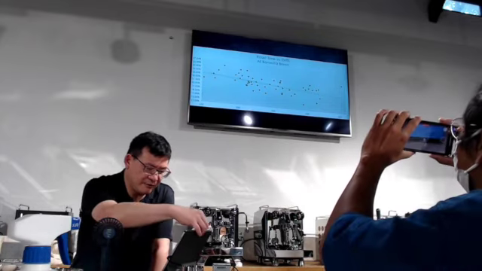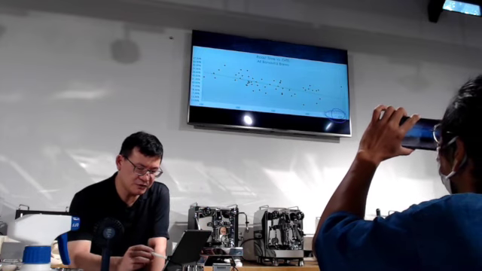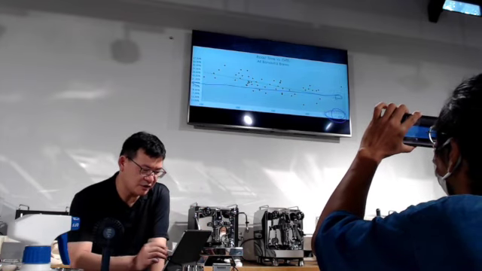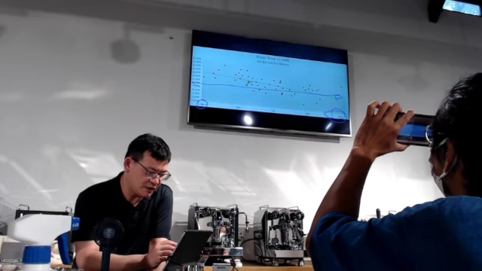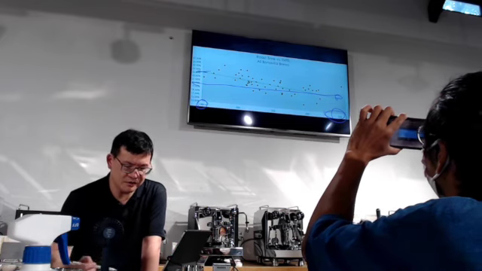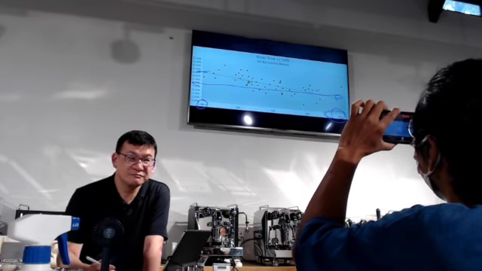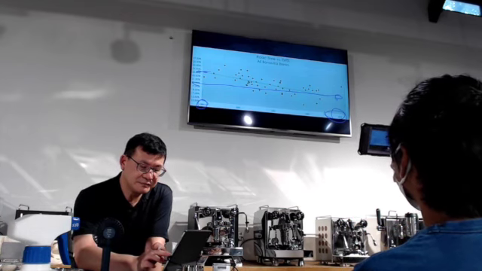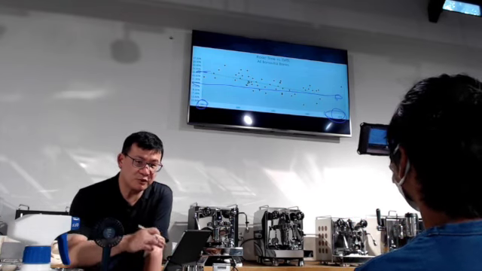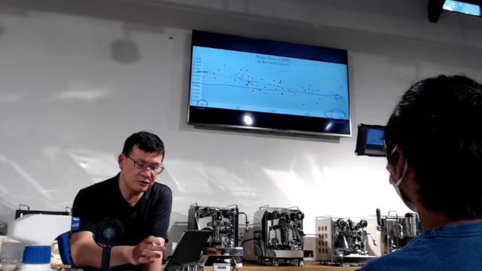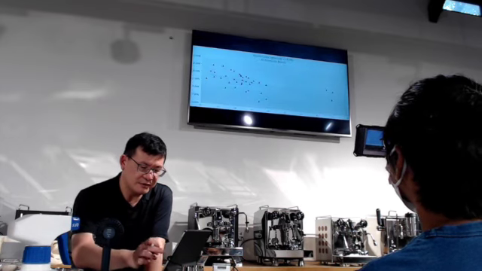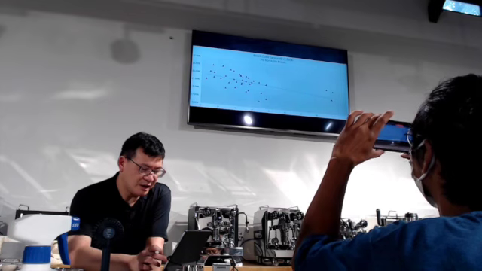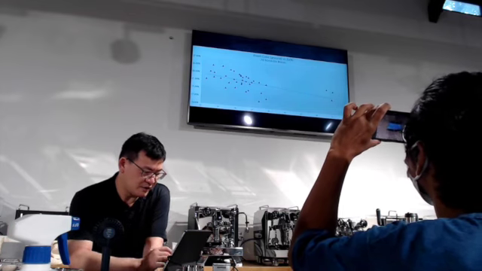So roasting time also. See, the longer the roasting time, the lower the extraction. The shorter the roasting time, the higher the extraction. Okay. Everything like this. So that's why we talk about the extraction rates. Alright? And the roasting color.